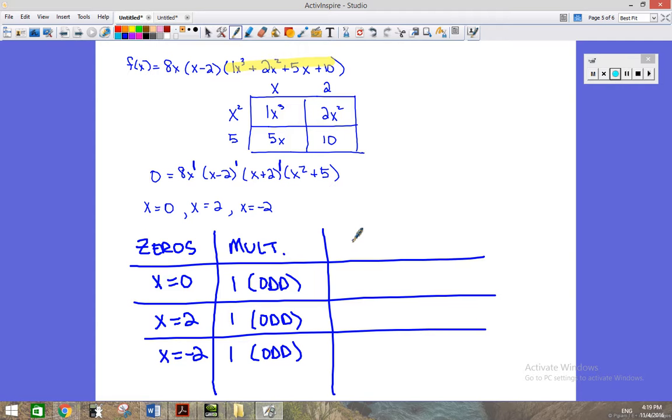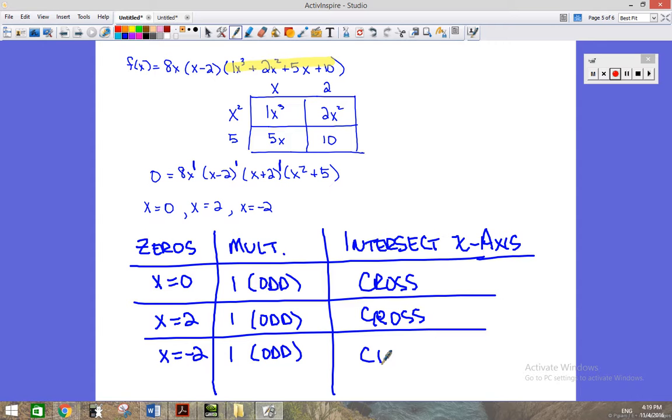So when I'm trying to determine how does this graph intersect the x-axis, well, it's always going to be either a cross or a touch and turn, and for all of these guys, it's a cross. That's a sorry looking word for cross, isn't it? Sorry about that. All right, so that is my answer.